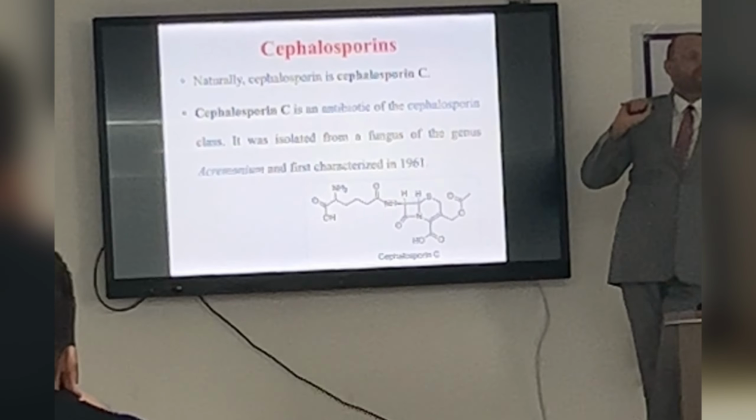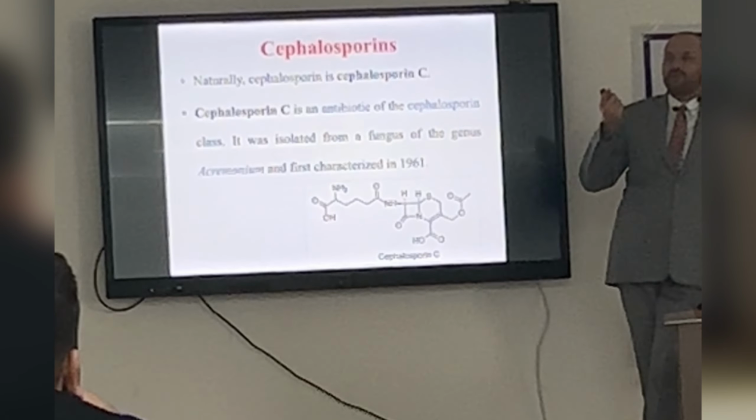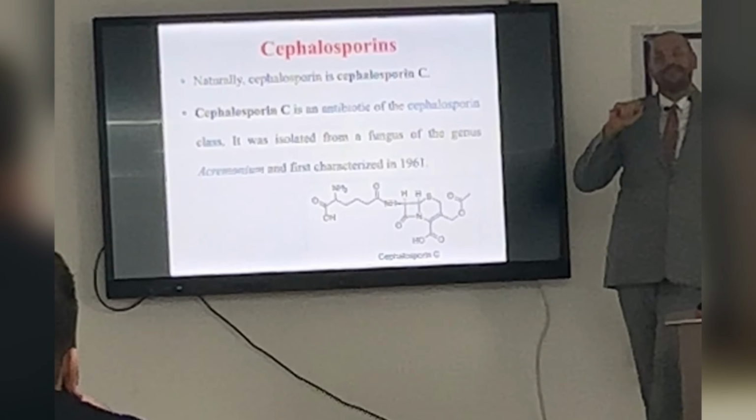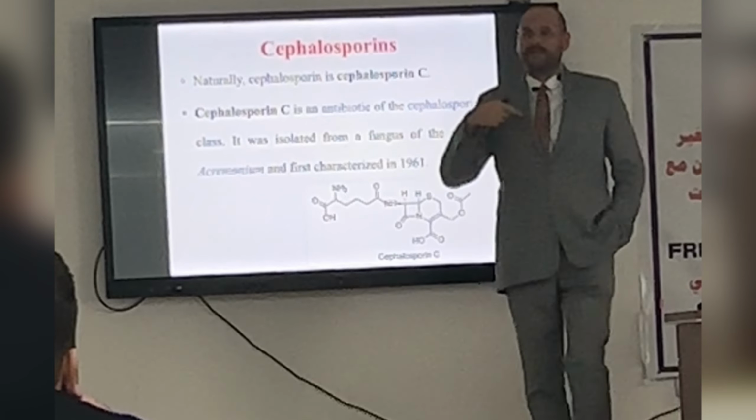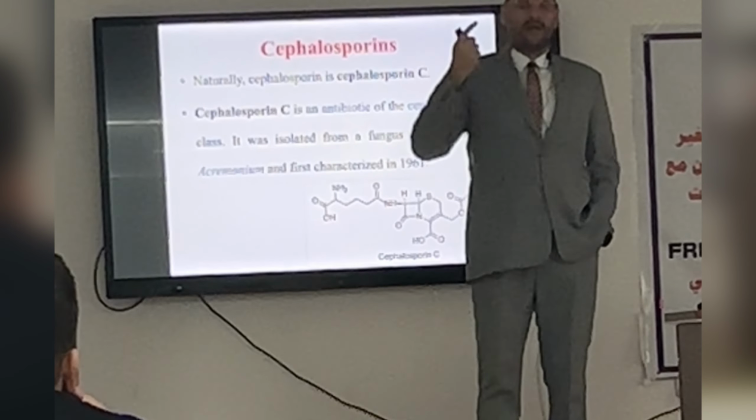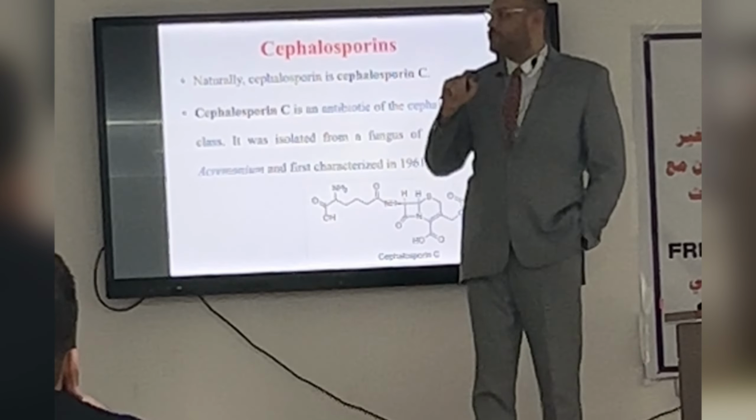If you remember, in the case of morphine, we said we have a naturally occurring compound which was morphine, and then we said we need modification to give a better compound. In the case of penicillin G, we had the same case.